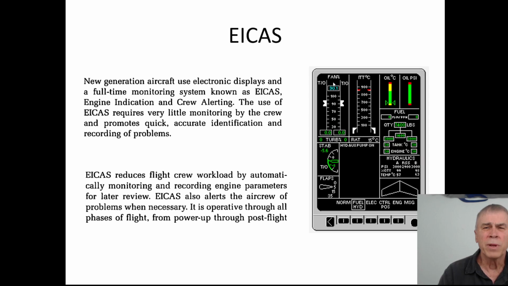Instead of counting by RPMs, though, you should go by a percentage of maximum. Hydraulics, stabilizer, flaps. These are more for the pilot. And it looks like this is the fuel screen, but we can switch over to electrical or control or engine or other items.